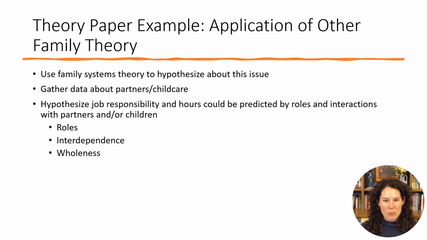And so I might be drawing on family systems assumptions and concepts such as roles and interdependence and wholeness. In terms of thinking about the results of this study, I might say, well, mothers who are working less hours probably have a partner who's working more, and fathers who are working more hours are likely to have a partner working less, or other family members taking on the bulk of that childcare.